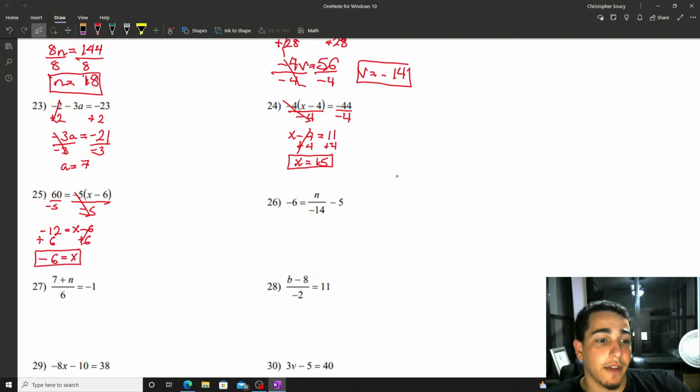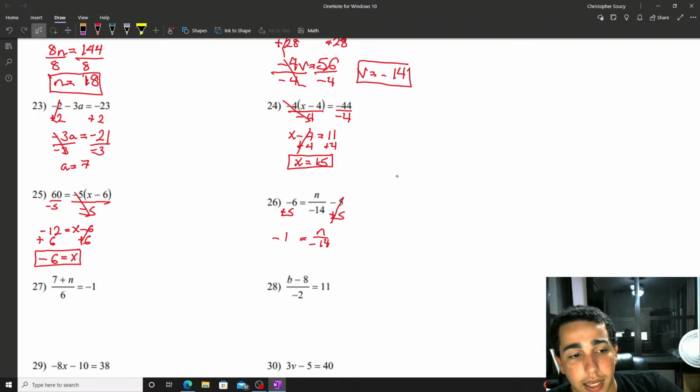For number 26, we have negative 6 equals n over negative 14 minus 5. First, we need to add 5 to both sides. On the right side, then minus 5 plus 5 cancel, and we're left with n over negative 14. And on the left side, negative 6 plus 5 is going to be negative 1.